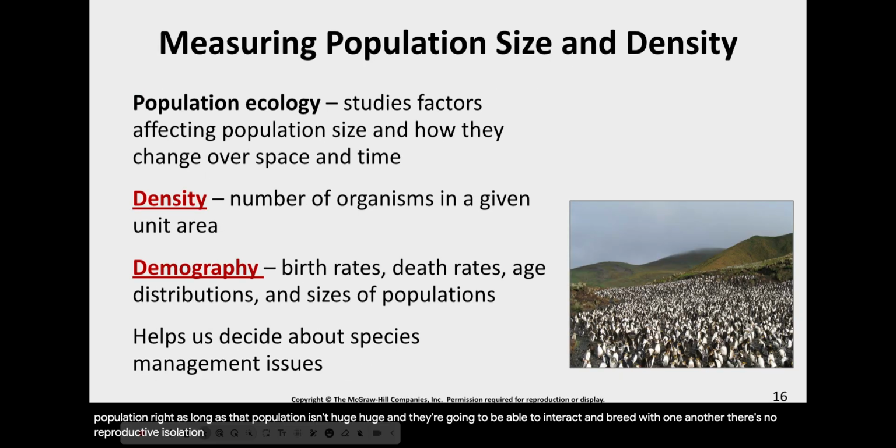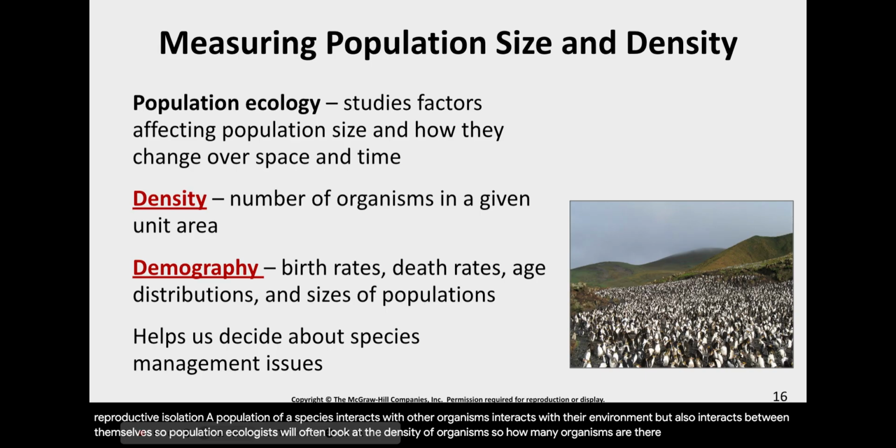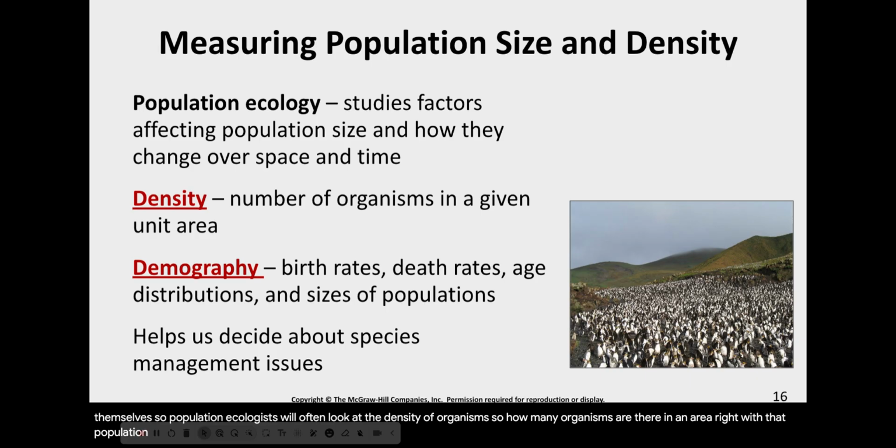All right, so population ecology. We're looking at how a population of a species interacts with other organisms, interacts with their environment, but also interacts between themselves. So population ecologists will often look at the density of organisms, so how many organisms there are in an area for that population.